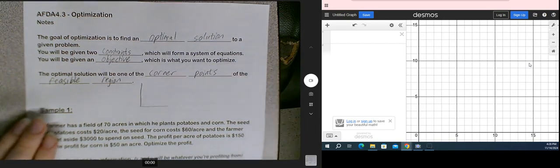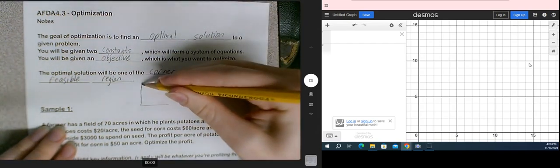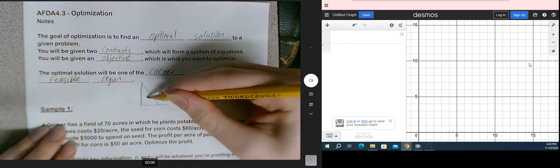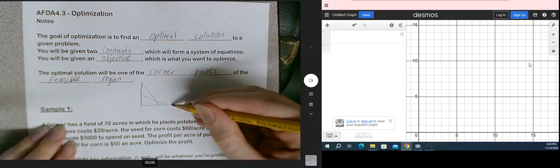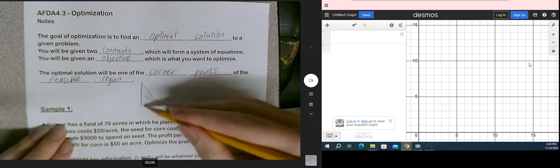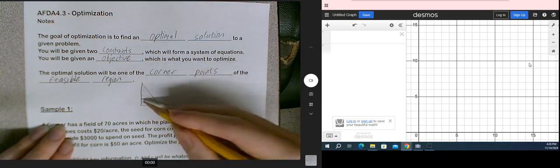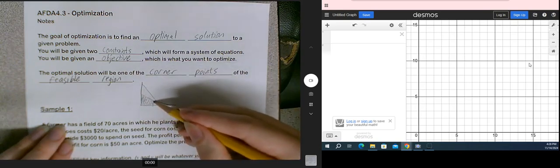Now, what we're going to be looking for is a system of inequalities that kind of looks like this. All right? Kind of looks like this. And they're both shaded downwards. So the feasible region is going to be right here, where the two shaded regions overlap.